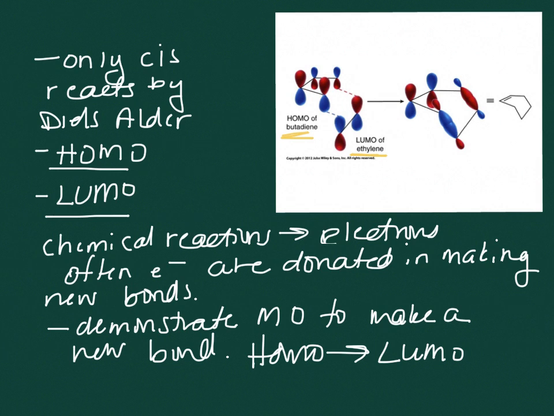When we are in the S-cis conformation, we have orbital overlap between the HOMO of 1,3-butadiene and the LUMO of ethylene as shown here in this figure. You can see you have an in-phase interaction here and an in-phase interaction here. This results in sigma bond formation and your cyclohexene product.